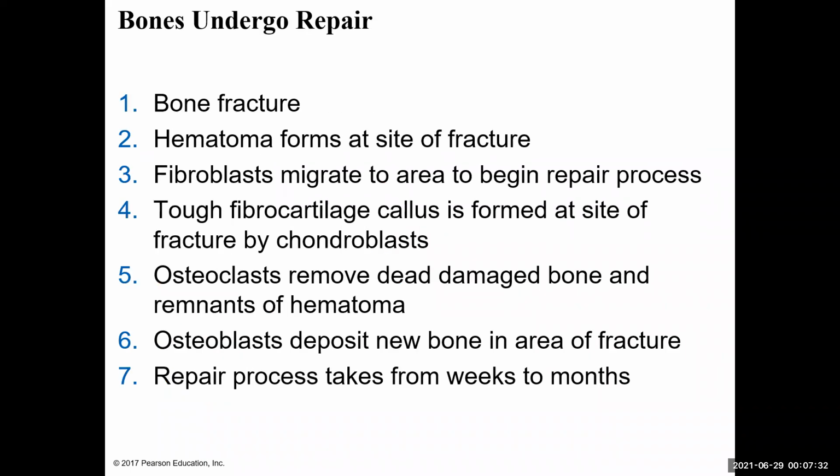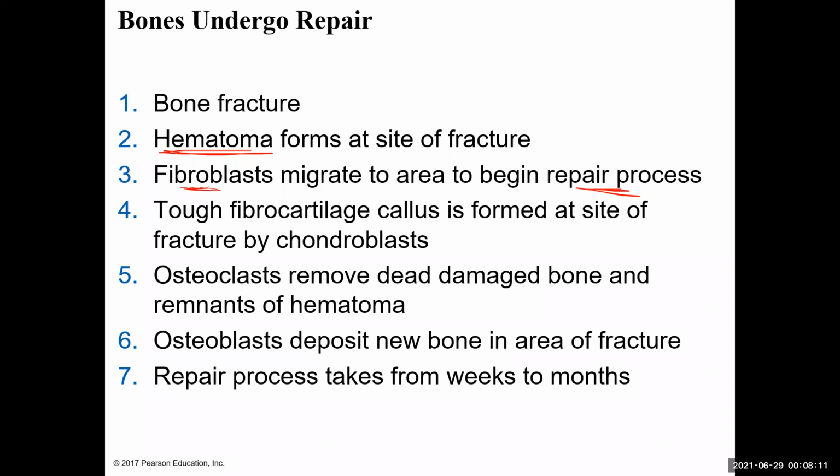Now, bones can become damaged and often do. And so let's say you have a bone fracture. What happens with that fracture is at that break site, at the fracture site, you get the formation of a hematoma. And in that area, you'll have fibroblasts. So remember, those are the cells that migrate to the area of that fracture and they start that repair process.